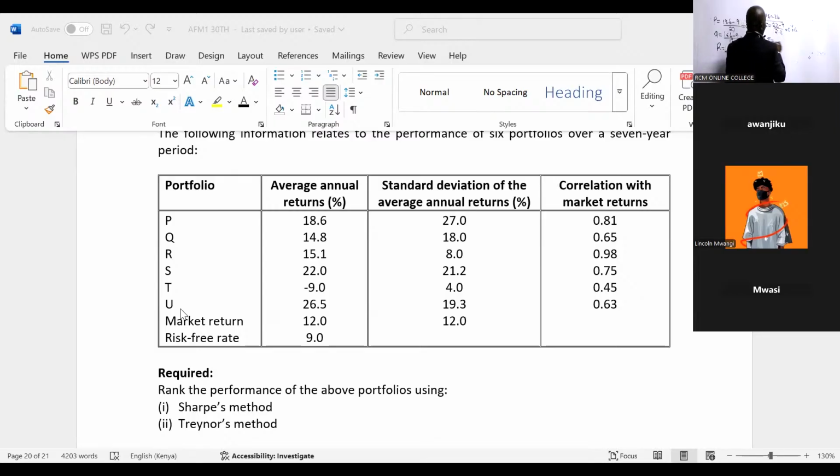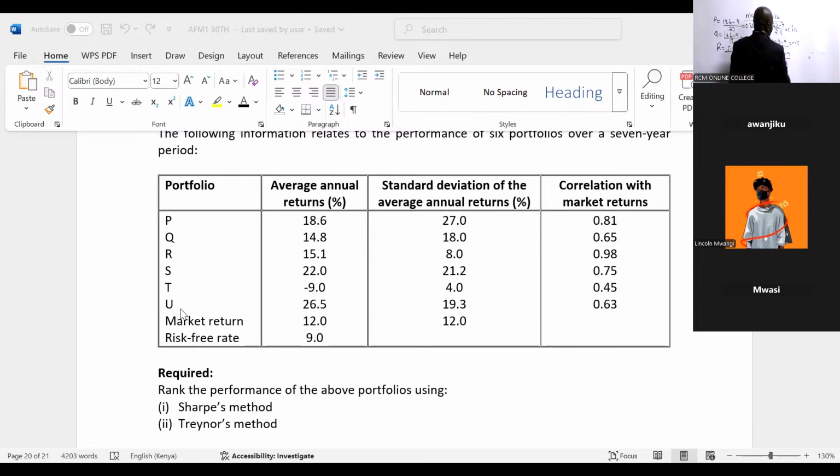For T, I will take the average return of T, which is negative 9, minus 9, all over the standard deviation of T, which is 4. Which ended up giving you negative 4.5. After T, I can see U. What is the average return of U?